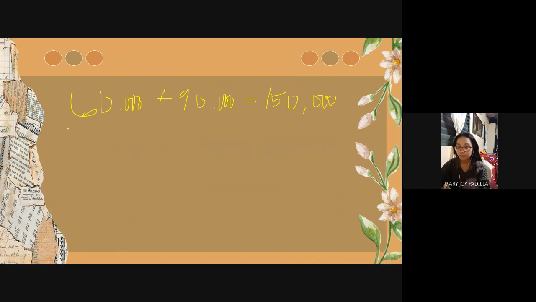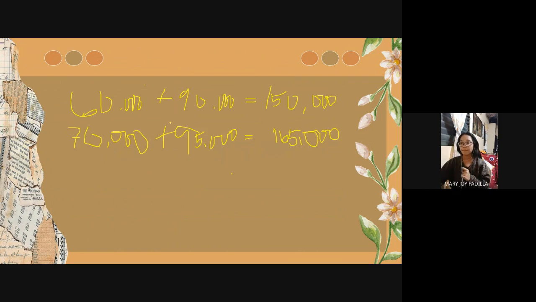And the next natin, ipagpa-plus is 70,000 for our price sold for the first transaction and the second transaction. 70,000 pesos plus 95,000 pesos is equal to 165,000, right?